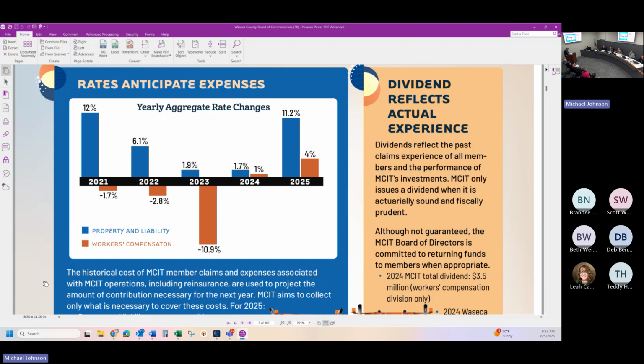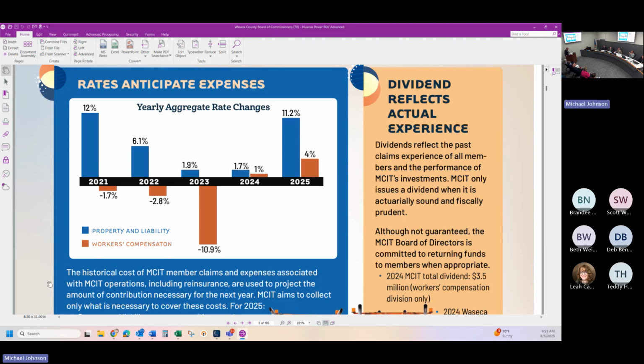So you can see that blue bar. We've had some really favorable experience in recent times on property and liability. But in 2025, we've seen a pretty substantial increase. Our property and casualty line of coverage includes property, vehicles, and cybersecurity. Quite a few different lines of coverage are in that bucket.